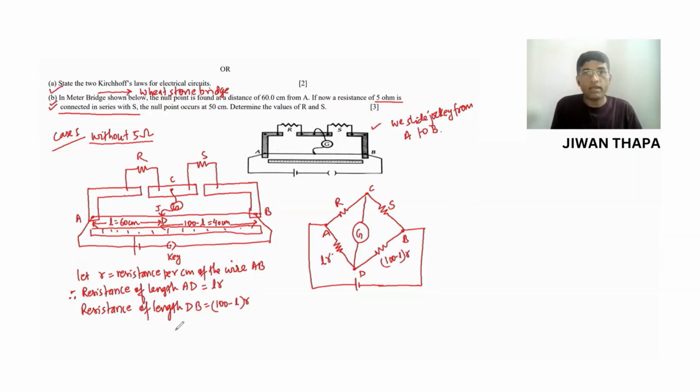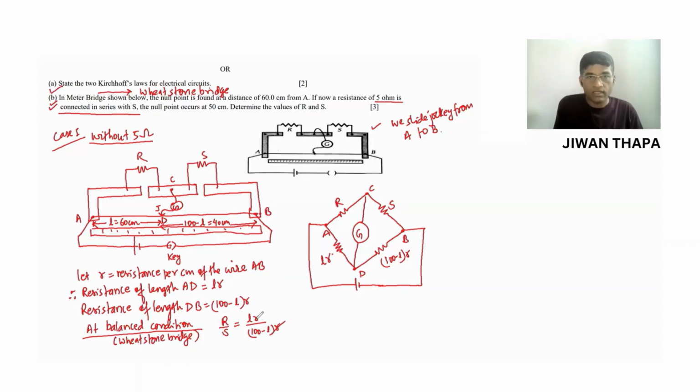Now what we get at the balanced condition of the Wheatstone bridge, okay, we get this ratio: R by S equals L r by 100 minus L times r.